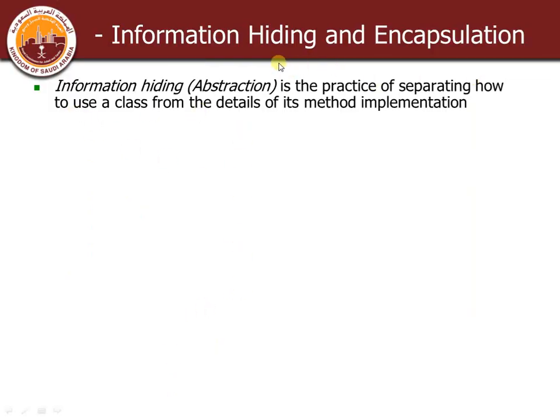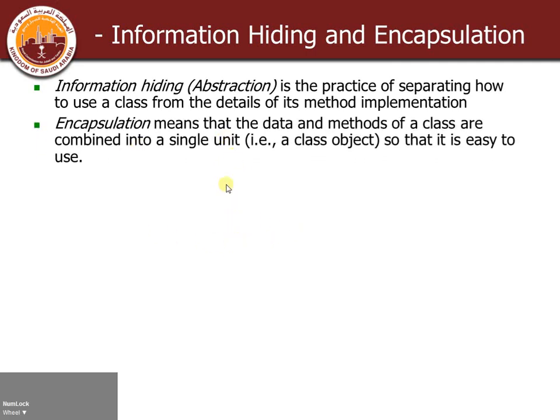Information hiding and encapsulation. So information hiding, I'm going to hide something. What am I going to hide? I'm going to hide the variables, these instance variables. And then encapsulation, this is where I'm going to make my code being used in the safest way.